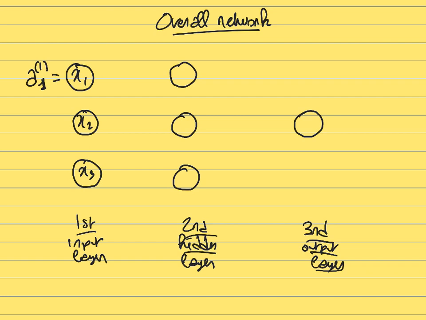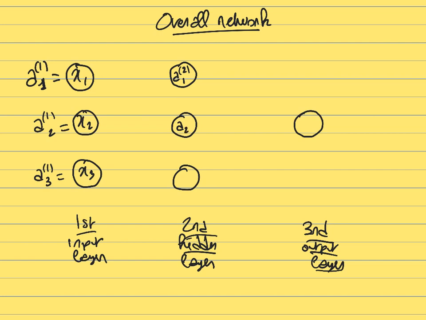It belongs to the first layer, and it's the first neuron of this first layer. This one would be A12. It's the second neuron of the first layer, and this one would be A13. It's the third neuron of the first layer. And then the hidden neurons, we're going to write them in the same way. Now this is the second layer. So in this case, this is the first neuron of the second layer.